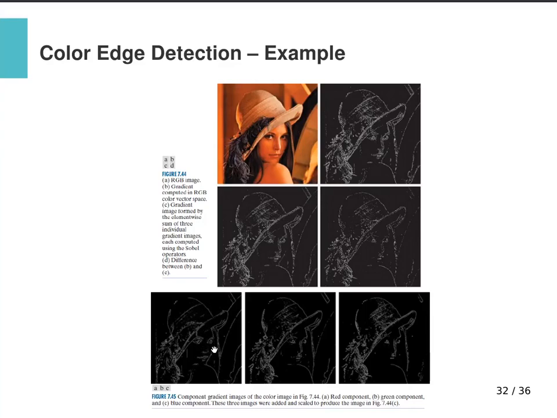You can see the same thing in this region around the nose, that the gradient image that is calculated based on the red component is not able to detect any edges, because in terms of red color there is no difference between the neighboring pixels that show the edge around the nose of the person in the image.